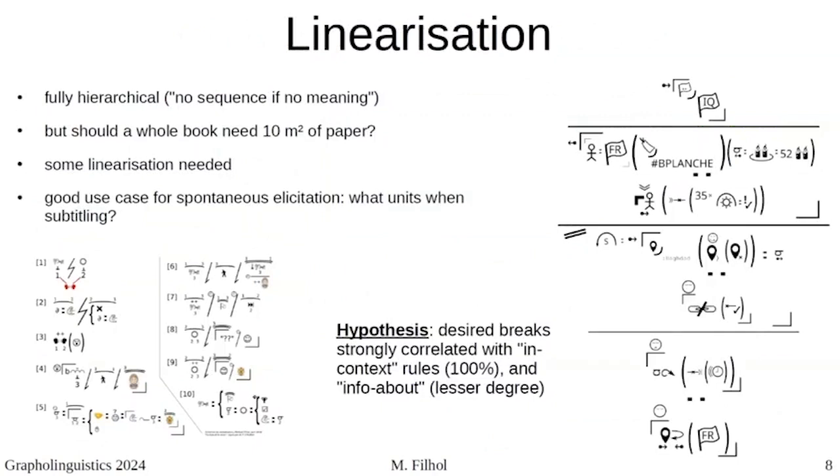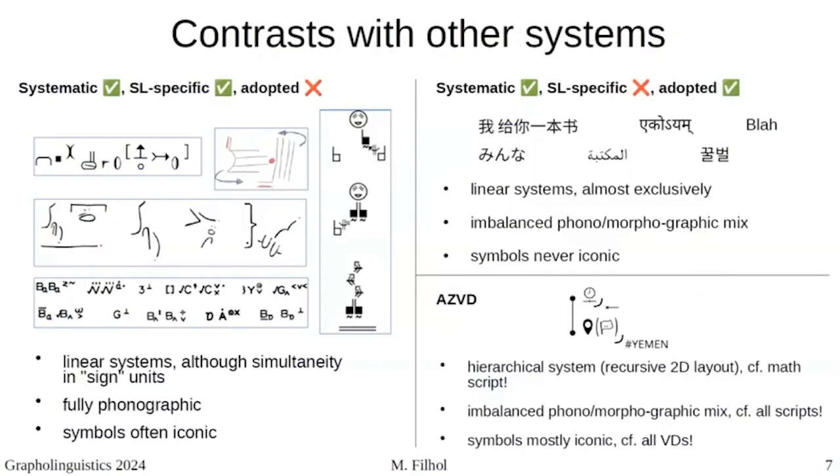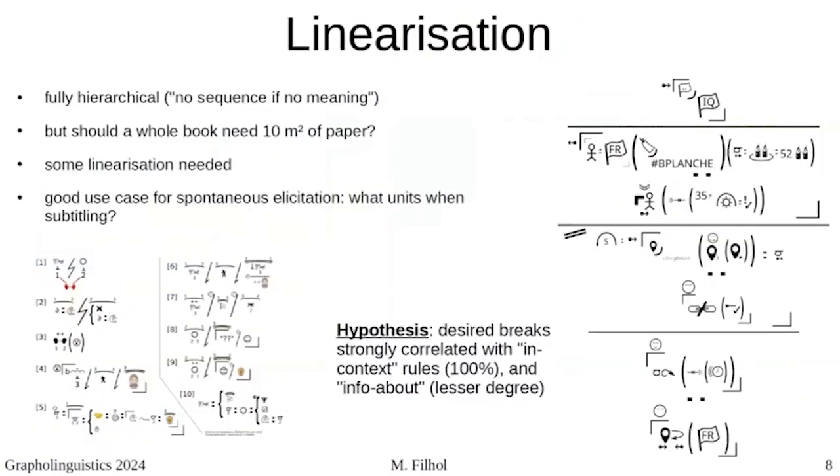So 2 problems, and that could be the end of the talk. So the problem with this is that, I wanted to point this out, it's a hierarchical system, meaning it's recursive, a recursive 2D layout. So this is not completely alien in terms of script. This is to me very close to the math script, because every box can contain other boxes, and you just gradually build up the whole thing.